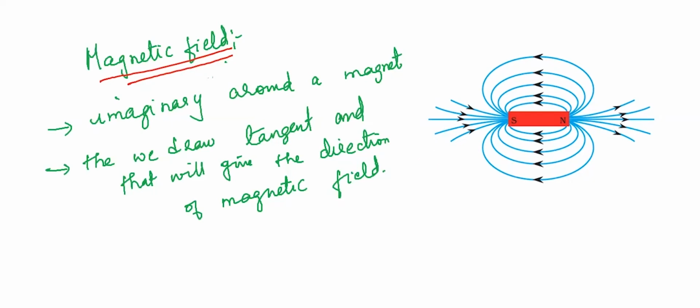Another method to find the magnetic field lines is by using a compass needle. If you place a compass needle anywhere in the magnetic field, then the needle gets aligned in such a way that the north of the needle will point in the direction of magnetic field.